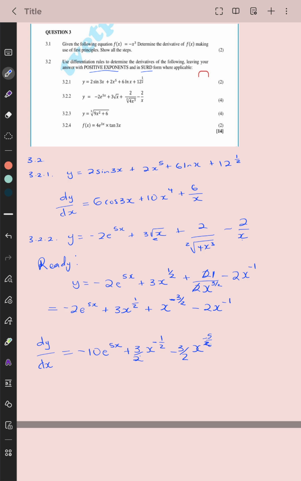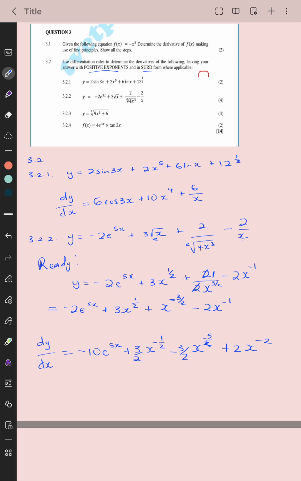So 2, is it showing? It's a 2. Then this one, negative 1 times negative 2 is plus 2. x, minus 1 minus 1 is minus 2. Alright, we are done differentiating, but we were asked to take it back to positive exponents and surd form.